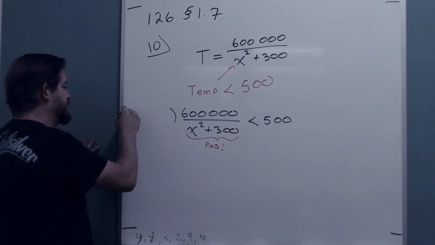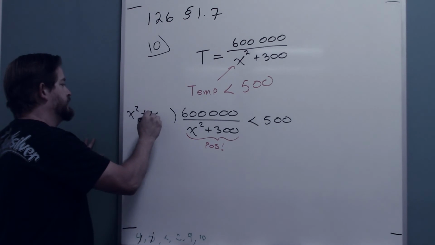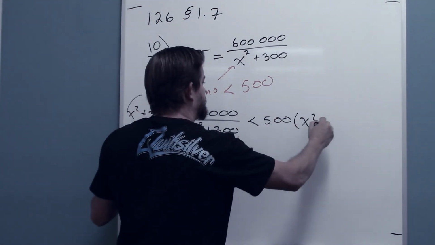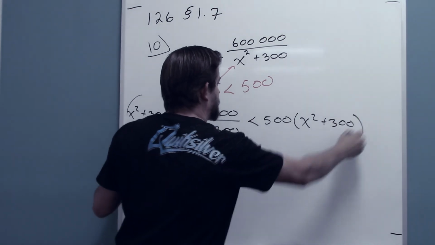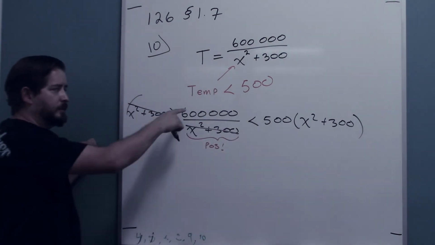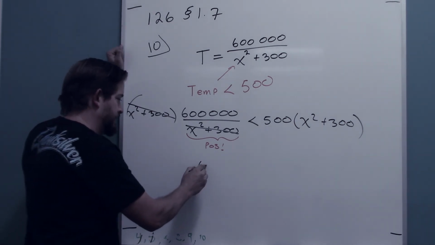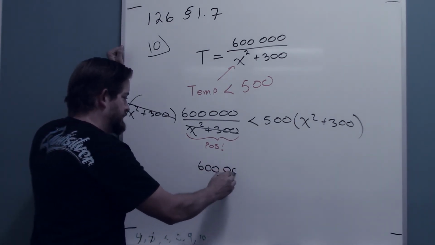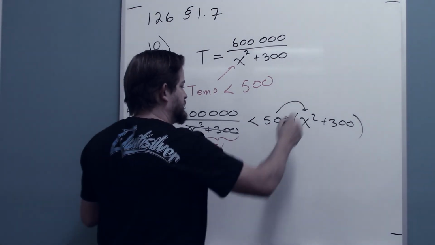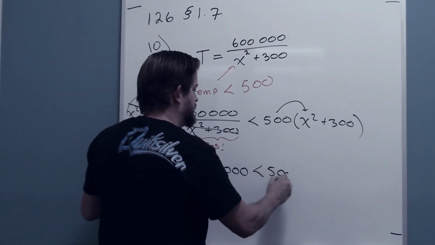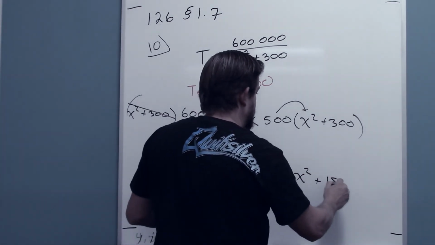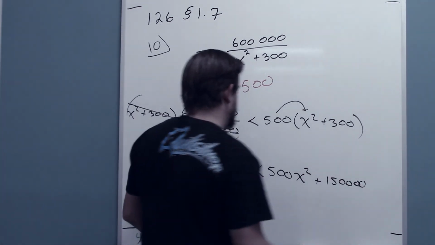So I've got x squared plus 300 multiplied on both sides, which cancels out my denominator and leaves me with 600,000 on the left-hand side is less than 500, and I'll just distribute this, 500 x squared plus 150,000, that is.